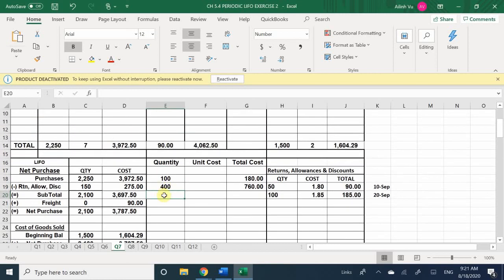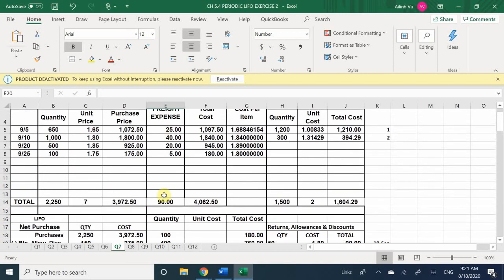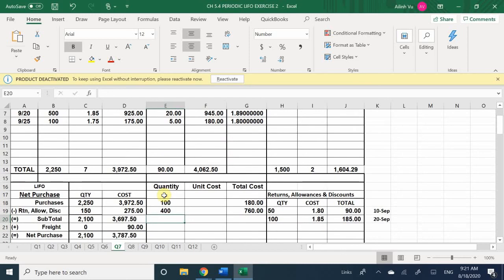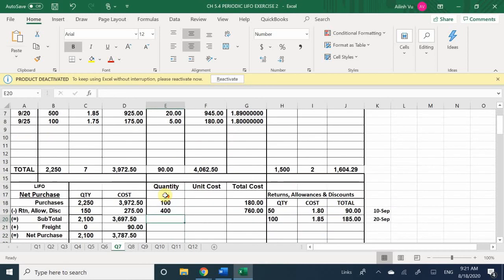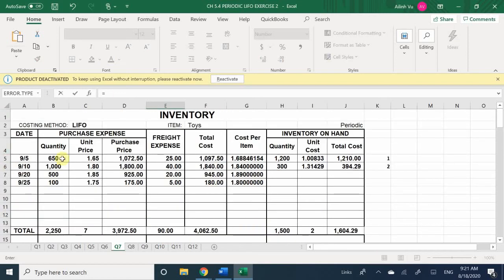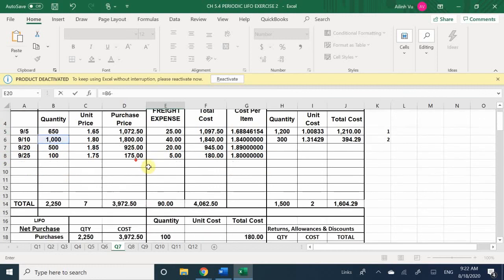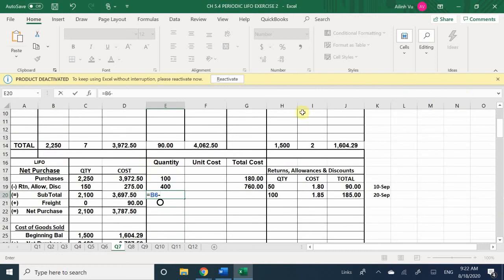So what's the next batch we're going to be taking out of? The 1,000. Now, do we still have the full 1,000? No. 950. Good. So we take the 1,000 and minus our returns, which was the 50, and we get 950.